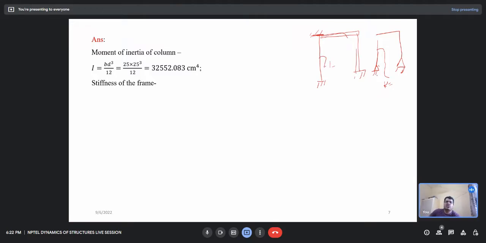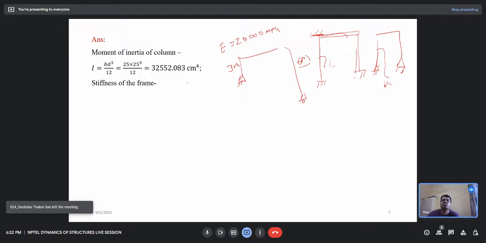Now can you calculate the stiffness of the system? E is given as 20,000 MPa, and the frame has one side 3 meters and the other side 6 meters. You have the I value also, so you can calculate the stiffness of the frame.